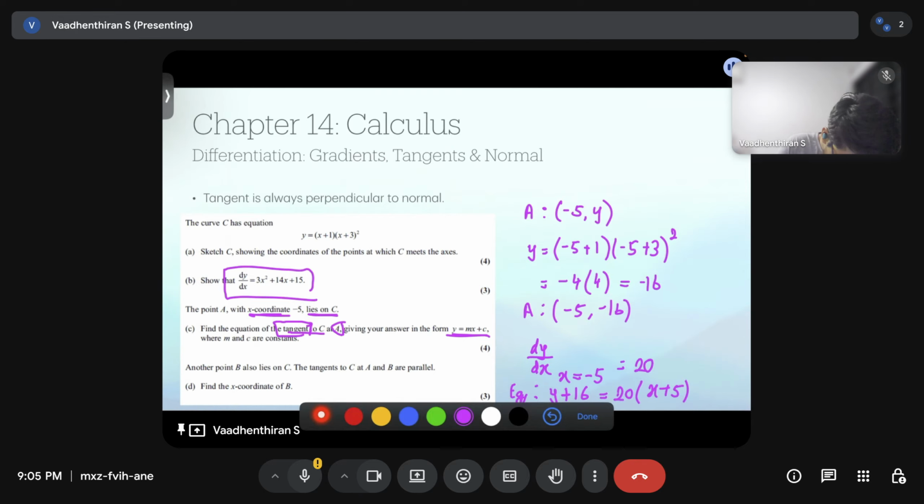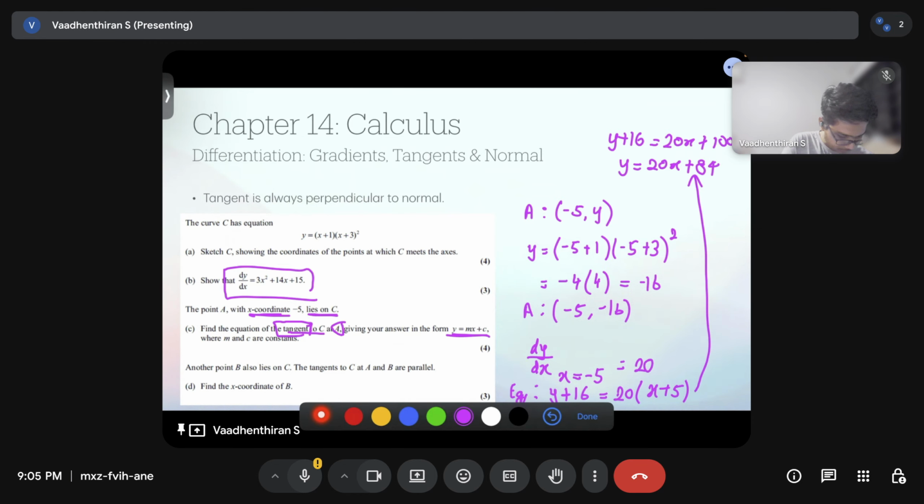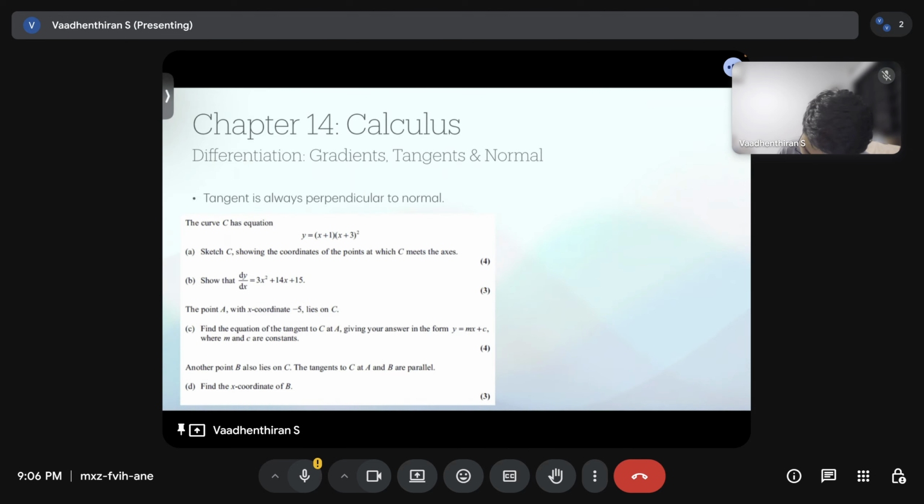Then you bring this to the y equals mx plus c form. y plus 16 equals 20x plus 100, so y equals 20x plus 100 minus 16, which would be 84. So that's your answer to part C. Hope you understood. And now let's do part D.